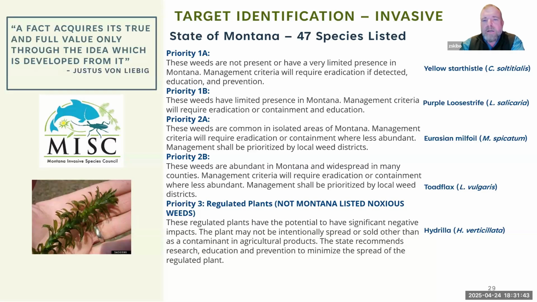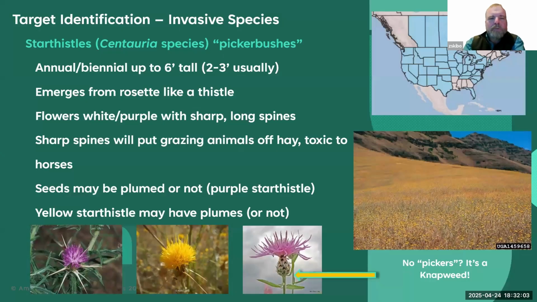Priority 2A are common, but in very isolated areas. 2B, these are abundant and widespread in many counties, and we might just be going after management here as opposed to eradication. And then priority 3, these are just regulated plants. We'll talk about hydrilla as an example.